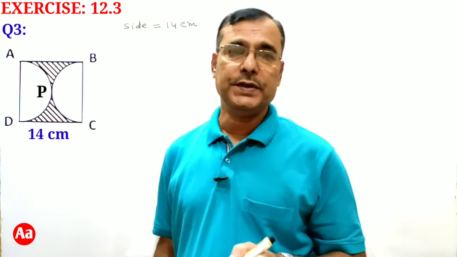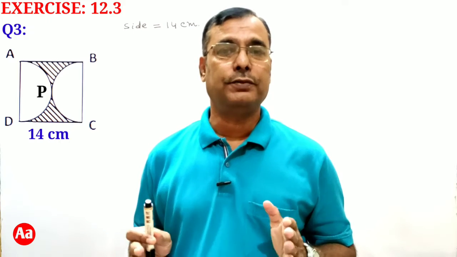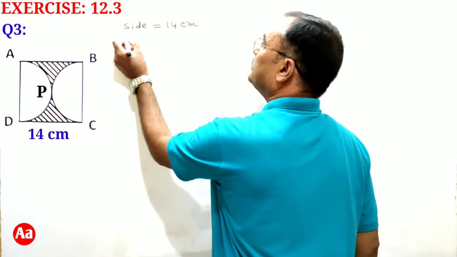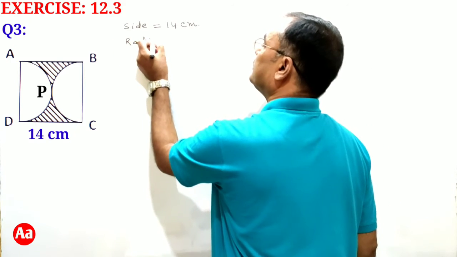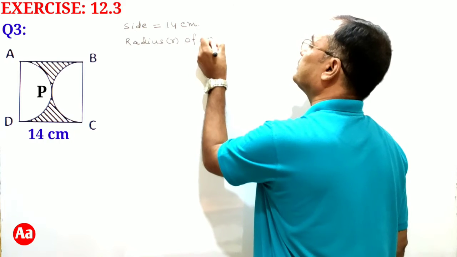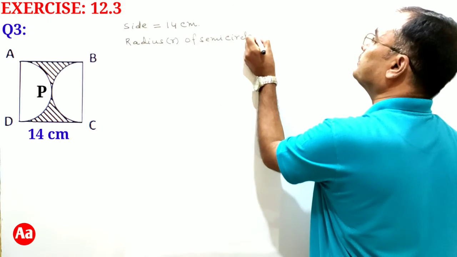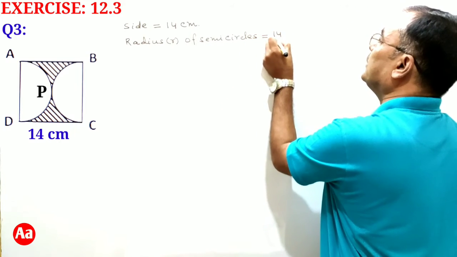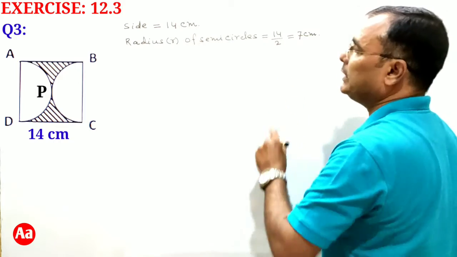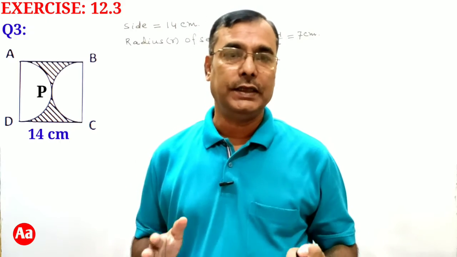APD and BPC are two semicircles with the side of the square, which is 14 centimeter, as diameter, so the radius of the semicircle is 14 divided by 2, 7 centimeter. 14 is the diameter of both the semicircles, so their areas also will be equal.